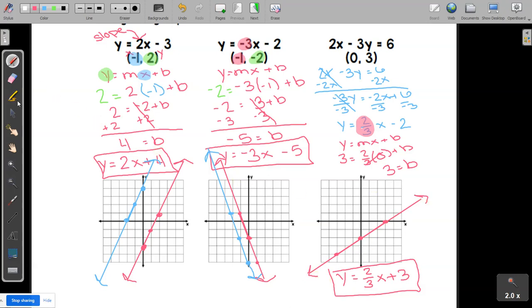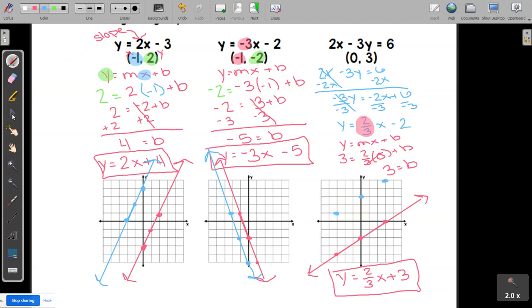Now let's graph our new line. So we're going to start at 3. And then we have a slope of 2/3, so up 2 to the right 3, or down 2 to the left 3.